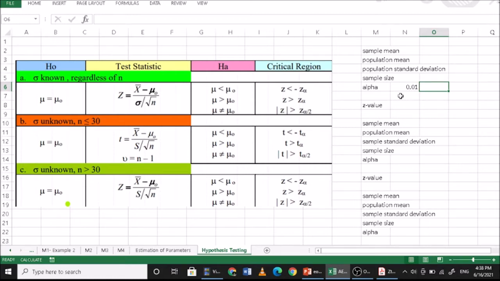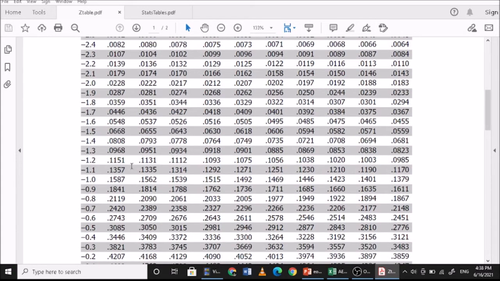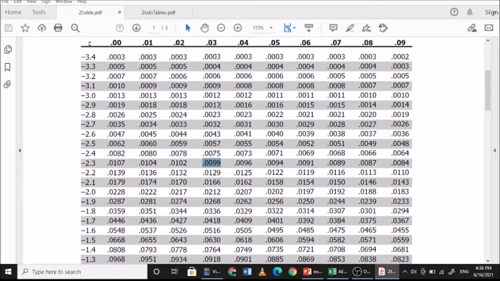Looking at our z table of values, we look at what is equivalent to 0.01. Negative 2.33. So 0.01 corresponds to negative 2.33.